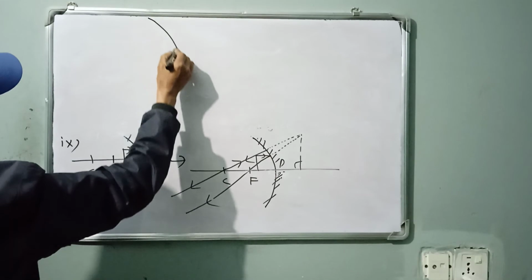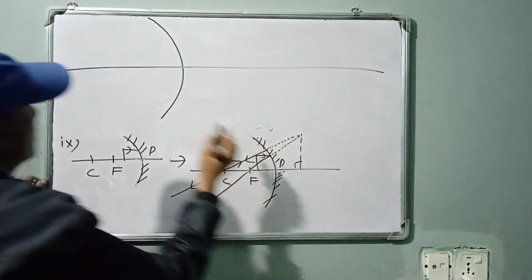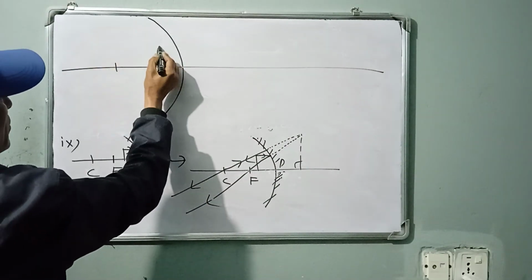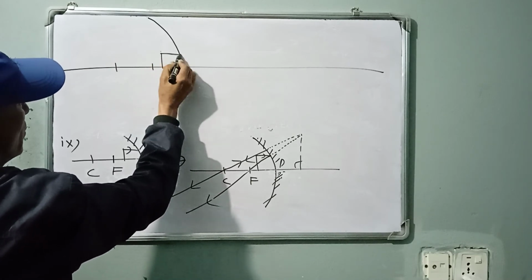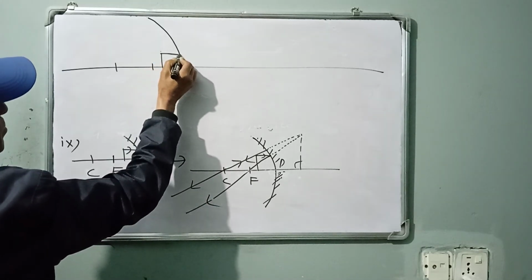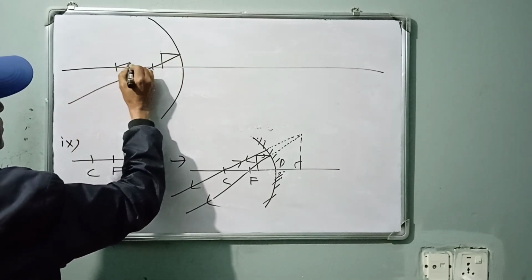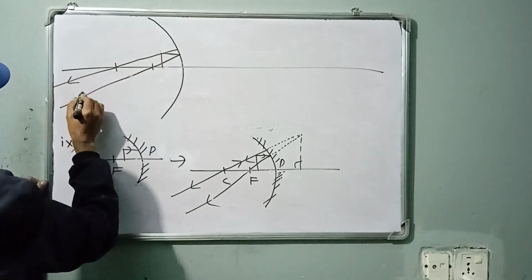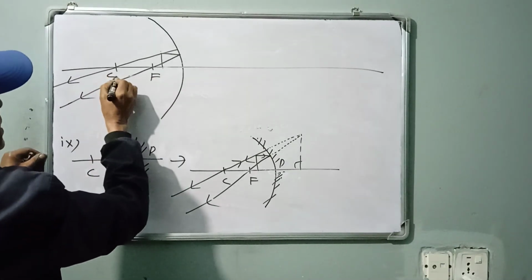First of all, concave mirror, principal axis, focus, center, object, join focus and this point with the scale, and another. The two rays are divergent, they go away.